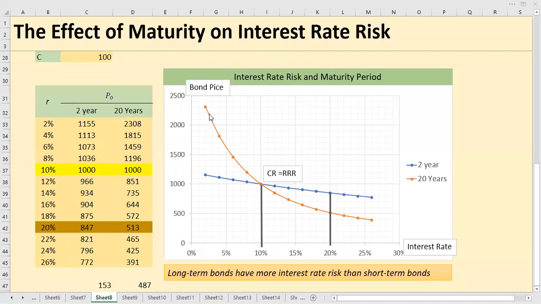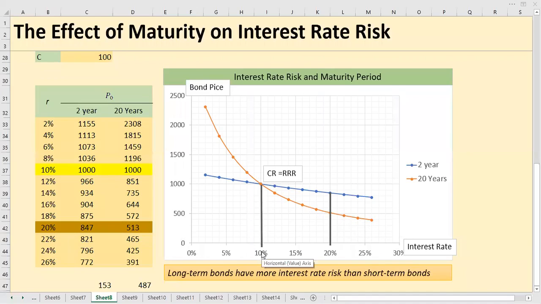When you have a higher slope, that means you will get an aggressive price decrease for a unit increase of the interest rate. When there is a 1 unit increase of the interest rate, there is an aggressive price drop if the slope is higher. That is what is represented here.